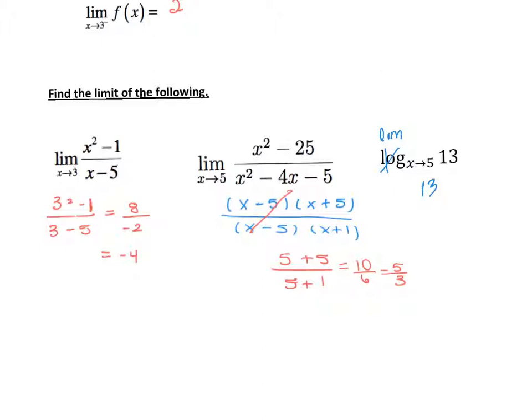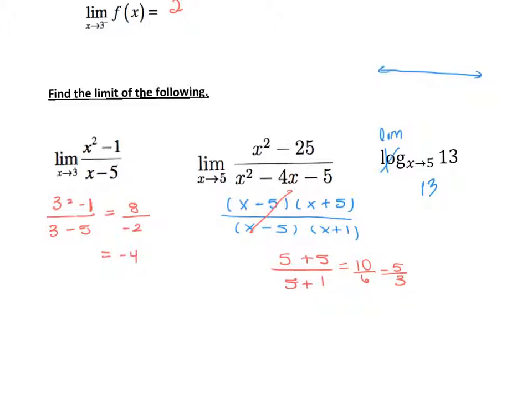Because if you were to draw this out, you draw a horizontal line on your xy axis, and no matter what your x value is, 5.01, 5.001, 4.99, 4.999, 13, right? Because that's what it means to be a horizontal line.